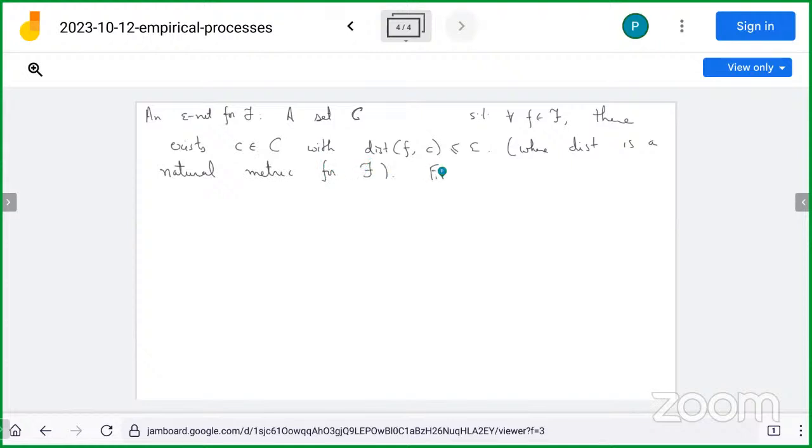So for our setup, the natural metric is the sup norm.